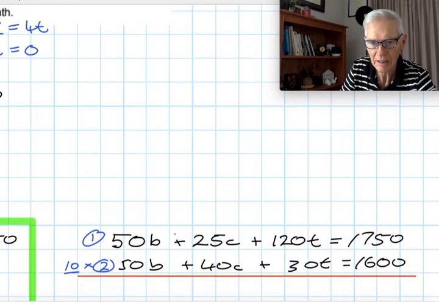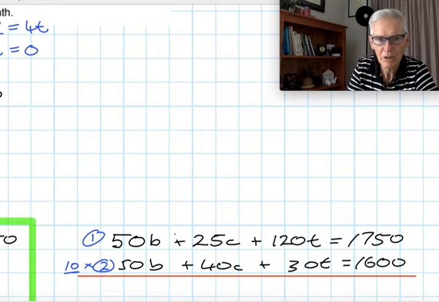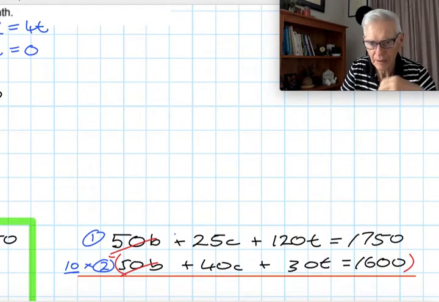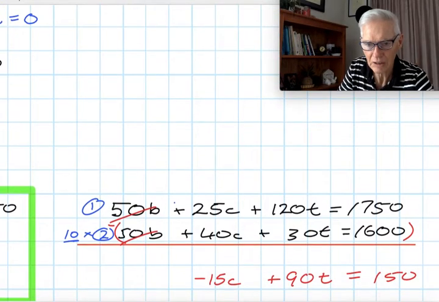Then you subtract it away because we're taking the bottom equation from the top. So the 50b is just going to disappear. 25 minus 40 is going to give you negative 15, 90, and 150. Just be careful with your subtraction.